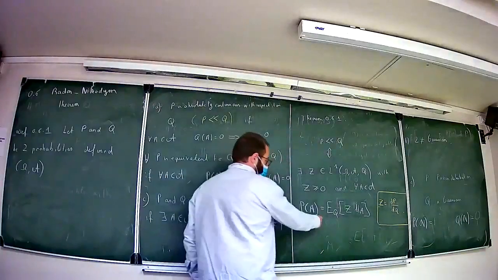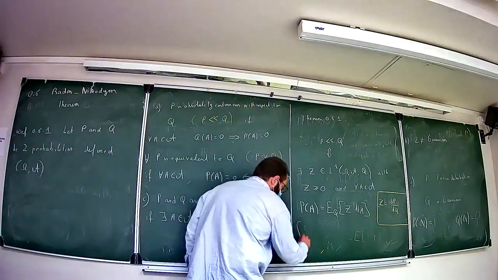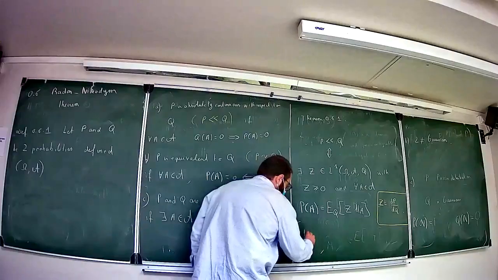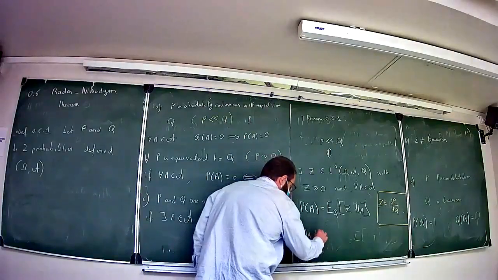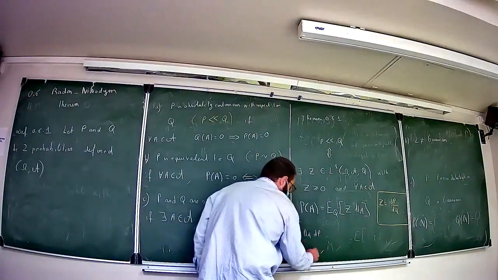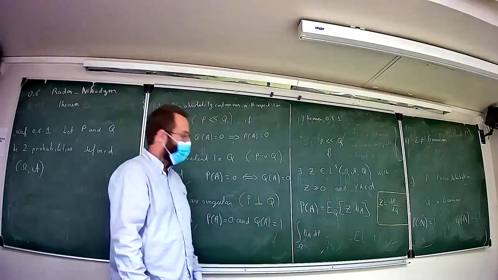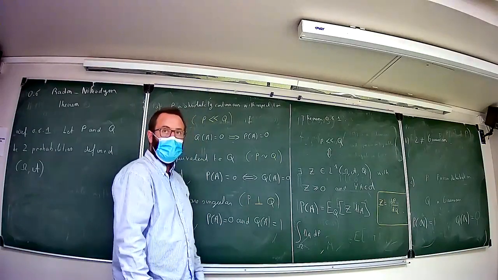From the fact that P of A, you know that P of A is written as the integral of the indicator function with respect to P. Okay? You agree?